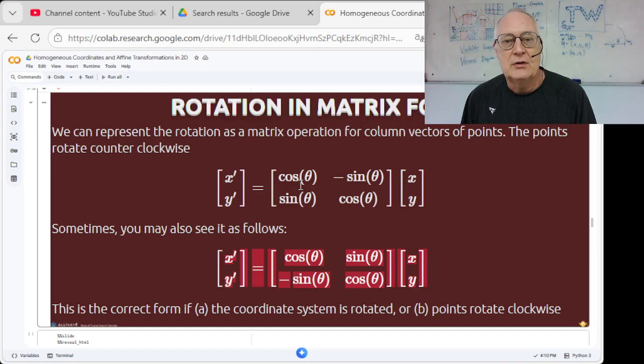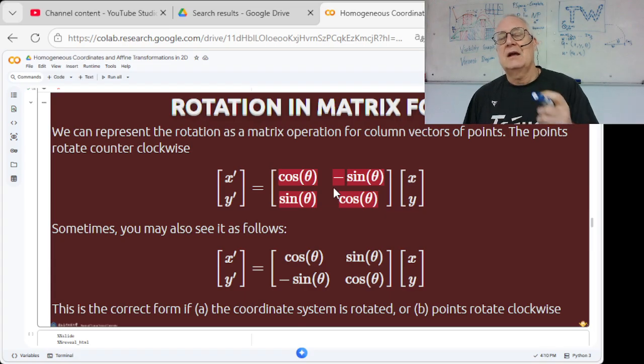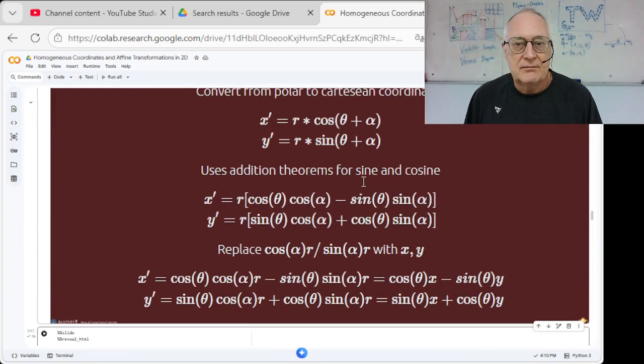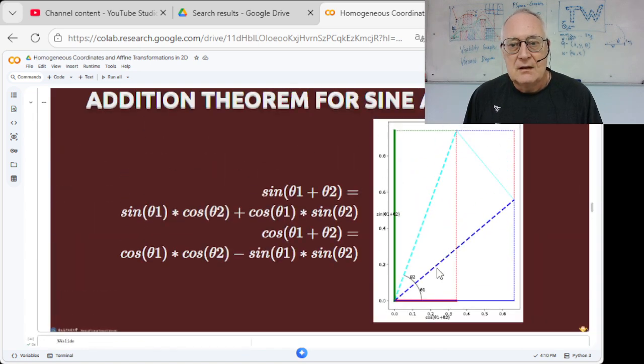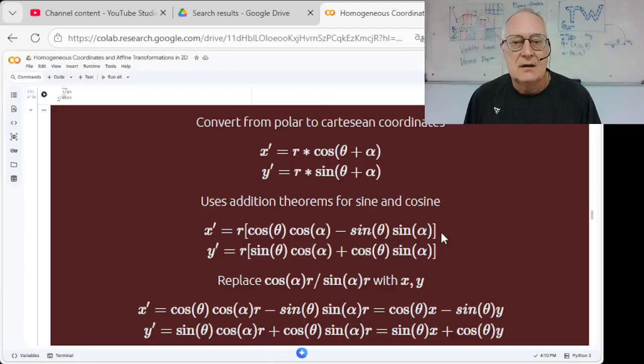So if you want to rotate the points, then it will be this version, the first one, the one we derived. If you rotate the coordinate system, however, then if you look at it here, if I rotate the coordinate system by theta, then that's the same thing as rotating the points by minus theta.